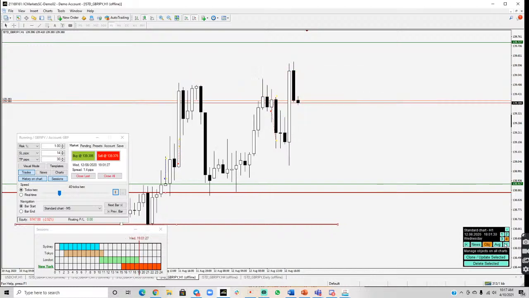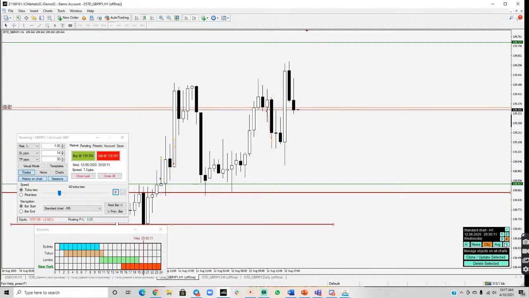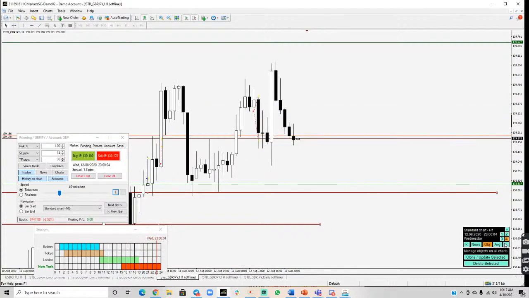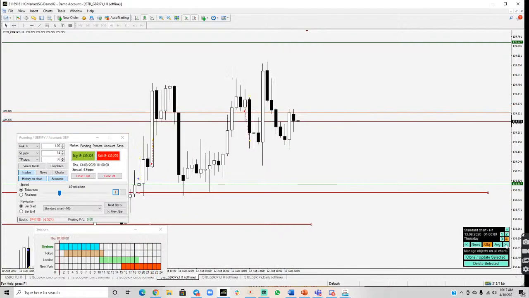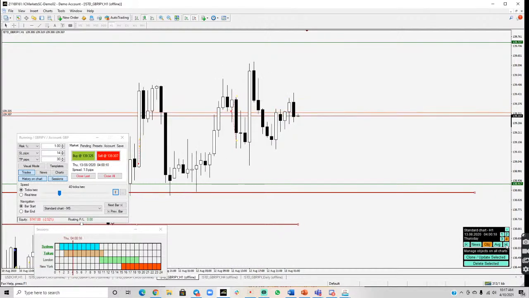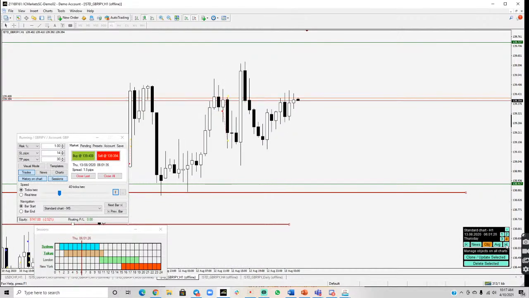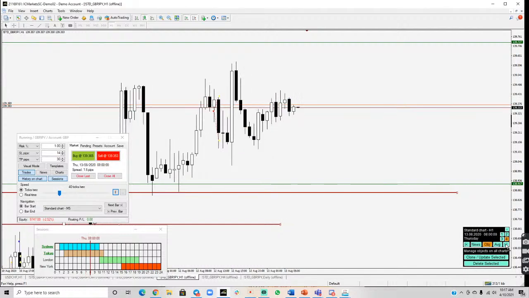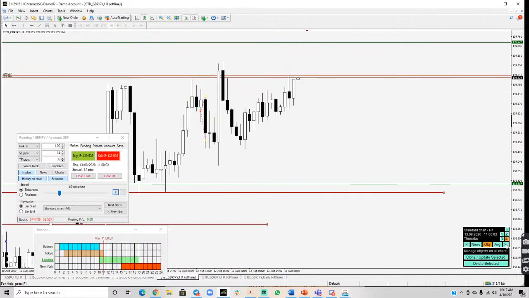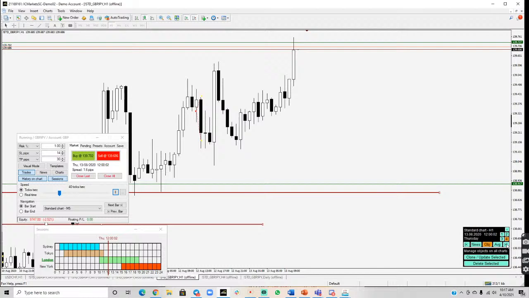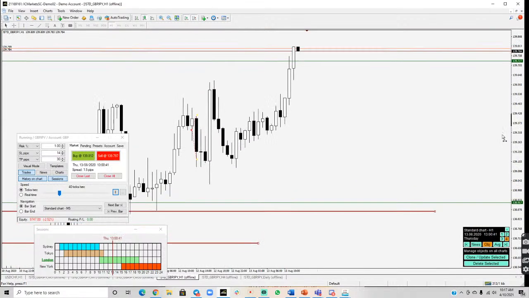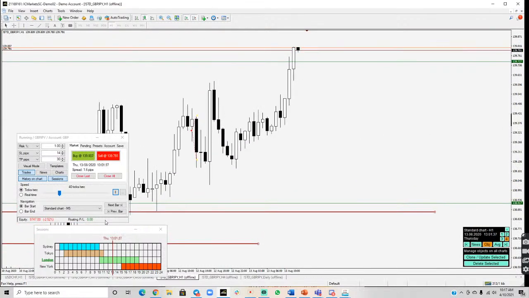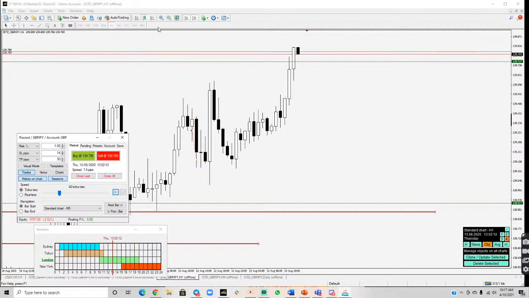As you can see, we close back inside the range. Price ranging. Wow. So I think we would have missed this move.